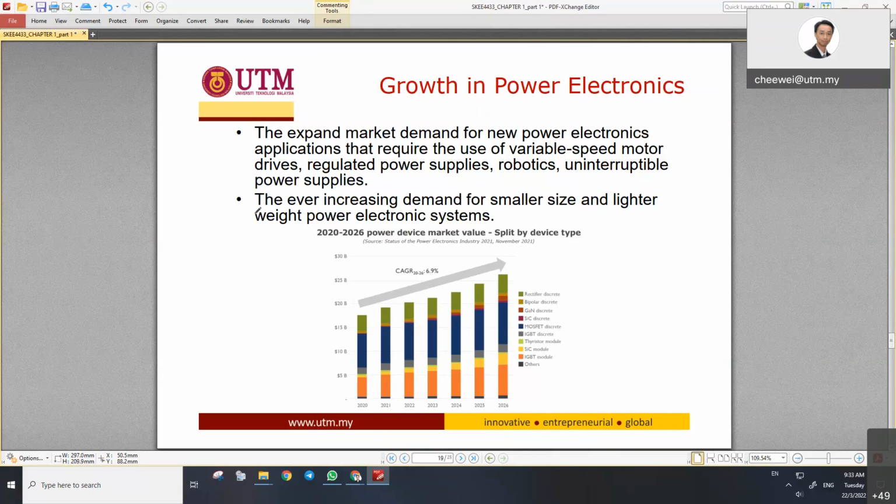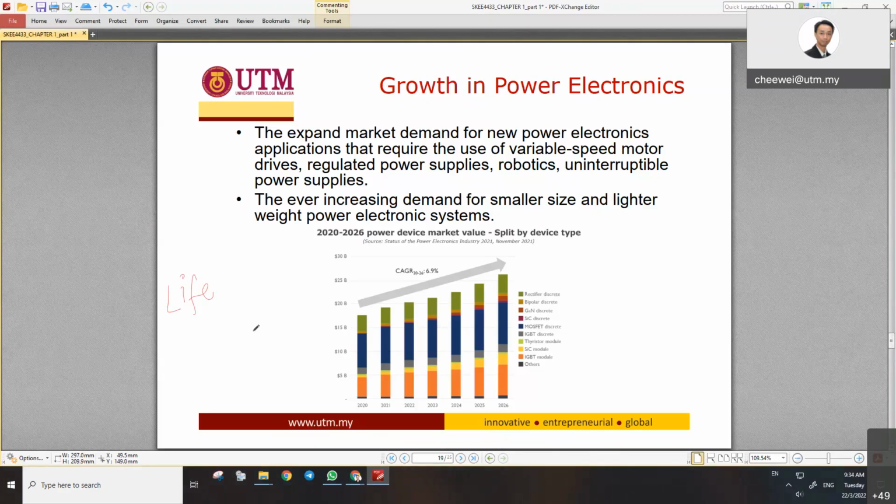Because the gadgets that you're using are not going to last forever, right? They need to be charged. So when you need to charge them, you need power electronics. The semiconductor device is required. And you know that most electronic components have their life, right? They're not going to last forever. Normally, the life of electronic devices is about 5 years.